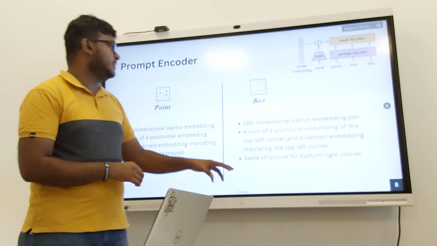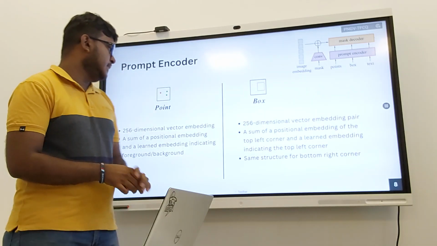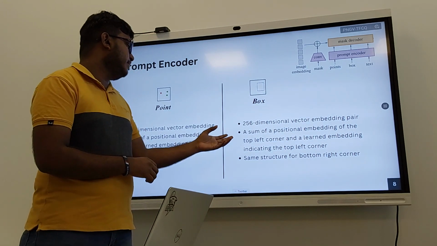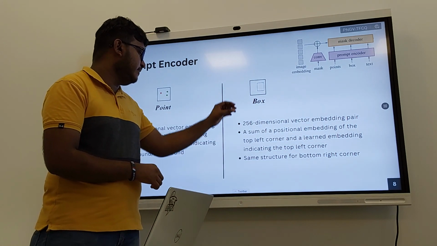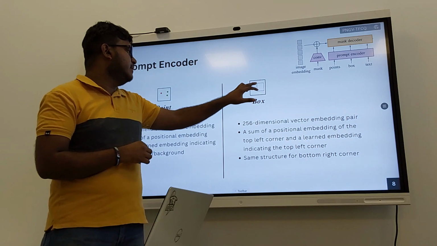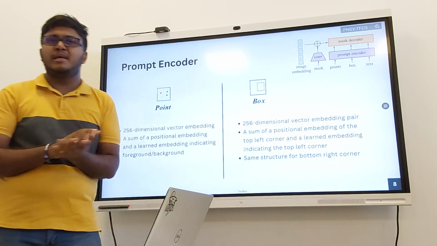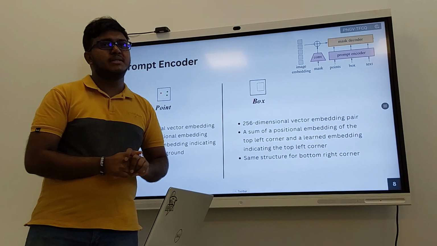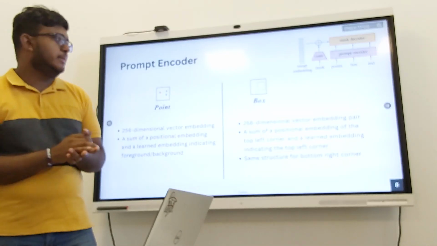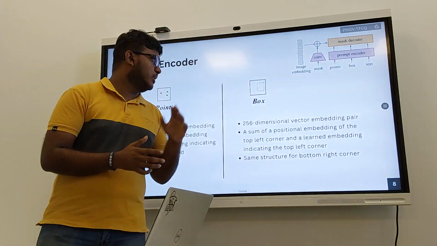And for boxes, they simply take the upper left corner and the bottom right corner, and again they use the sum of a positional embedding and a learned embedding. So sorry, for this point they will embed the positional value as well as another learned embedding which says this point is the upper left corner, and for the other point again they will use the positional embedding and another embedding which says this is the bottom right corner.